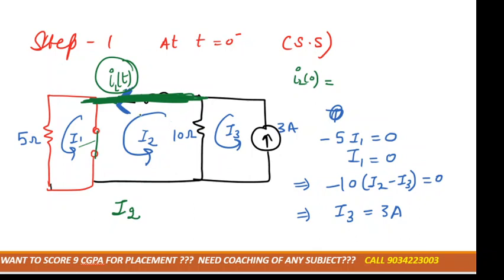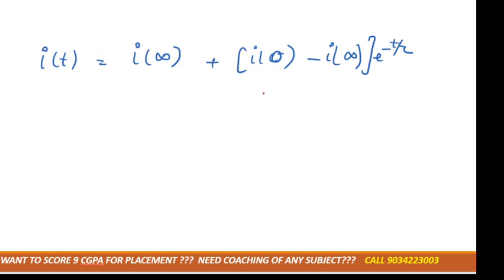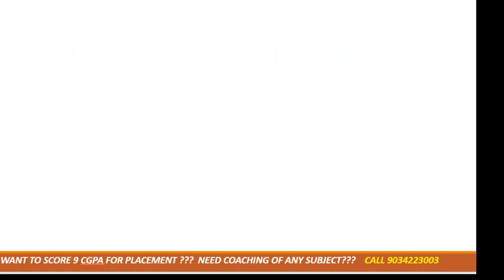So inductor current would be equal to I2 only, right? So we can conclude it, I3 is 3 ampere, so I2 would be also 3 ampere. Got it? We got the first value, that is I0 as 3 ampere.